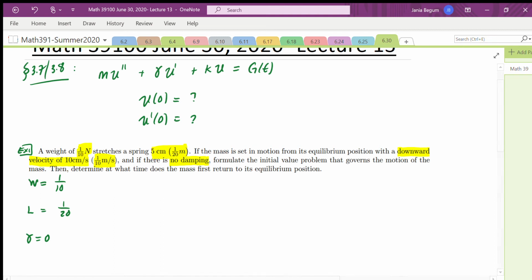So from here, we can find K. Well, K is going to be the weight over the gravitational constant G. We know the weight is 1/10. Which G are we going to use for this scenario?